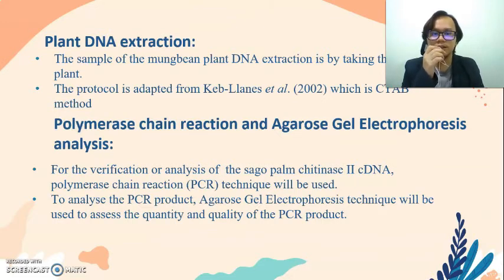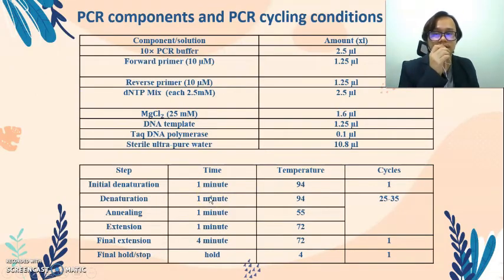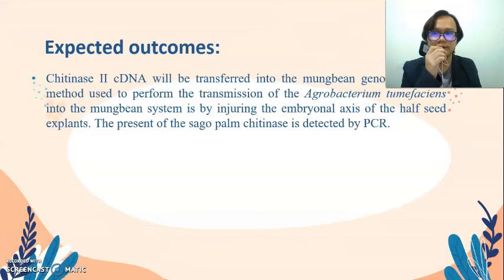The PCR is done to verify the presence of the sago palm chitinase 2 cDNA. Then to analyze the PCR product, the agarose gel electrophoresis technique will be used to assess the quantity and quality of the PCR product. This is the PCR component and the PCR cycling conditions.